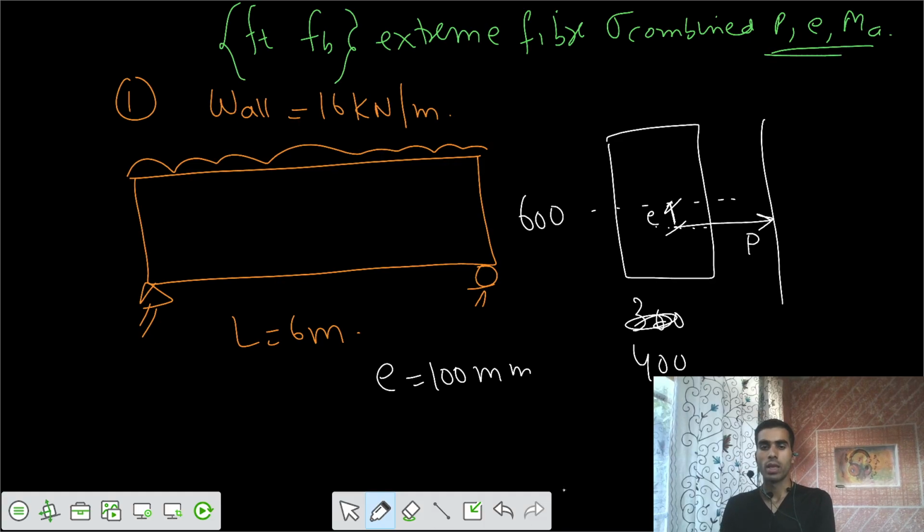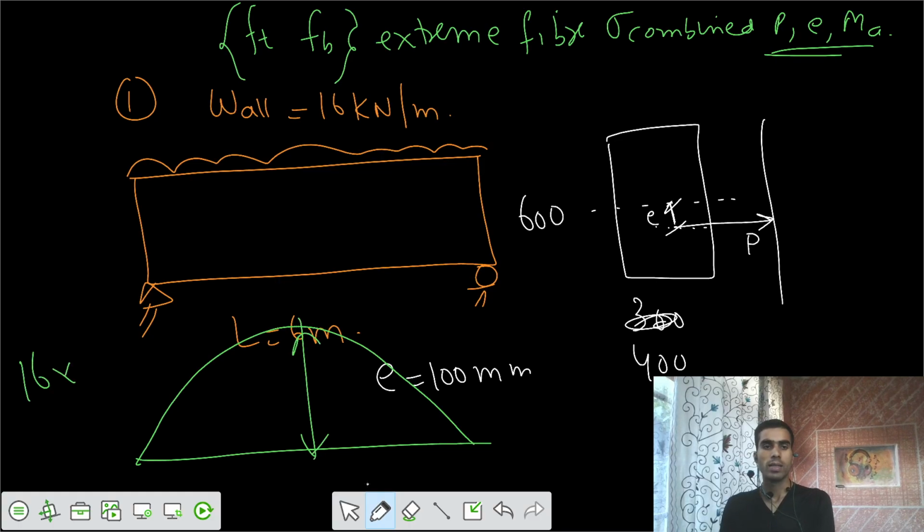Let's calculate the bending moment developed at the midspan because of the external loads. That is WL square by 8, which is equal to 72 kilonewton meter.